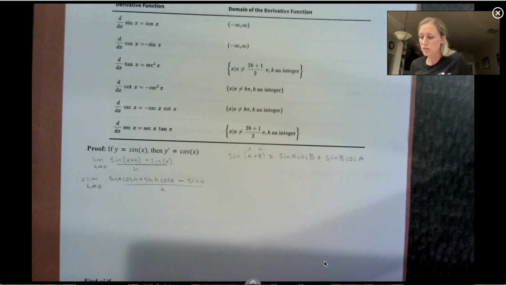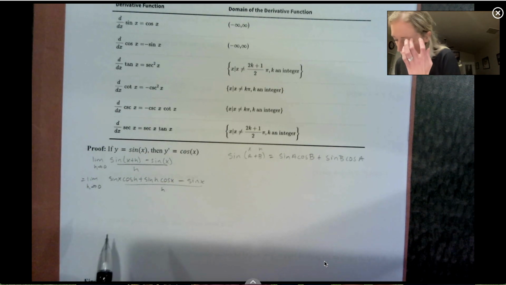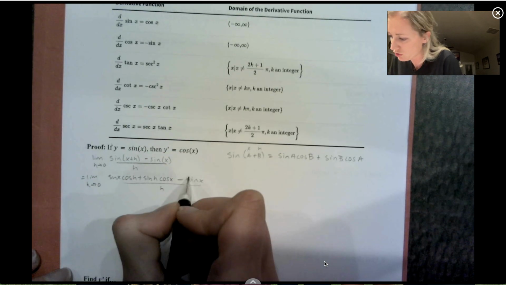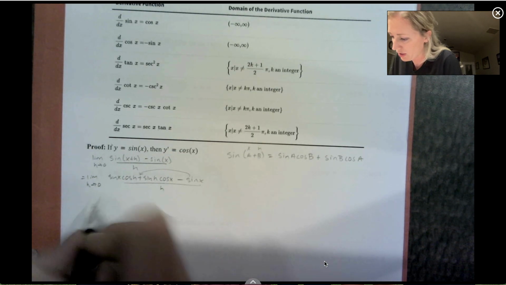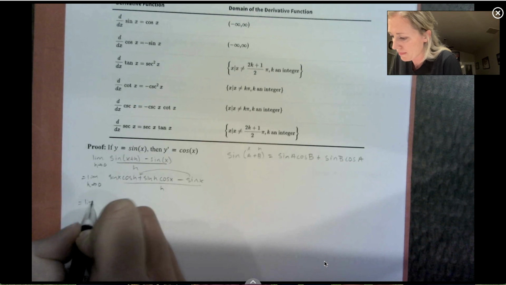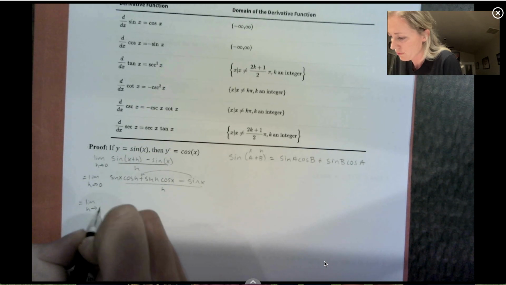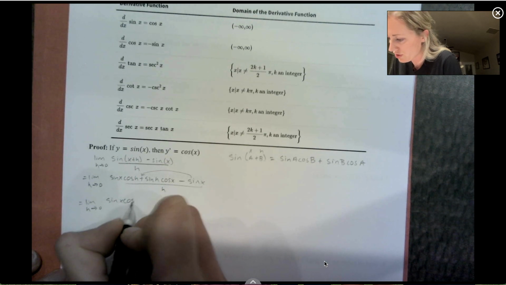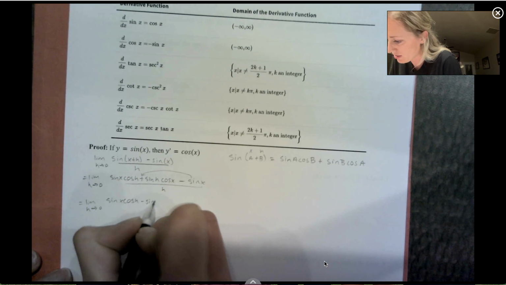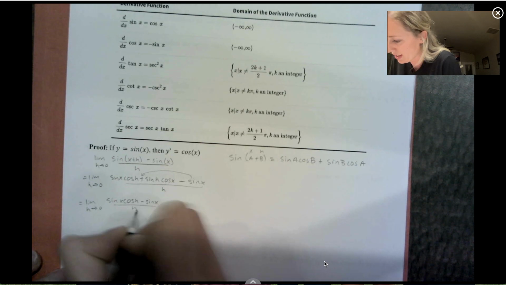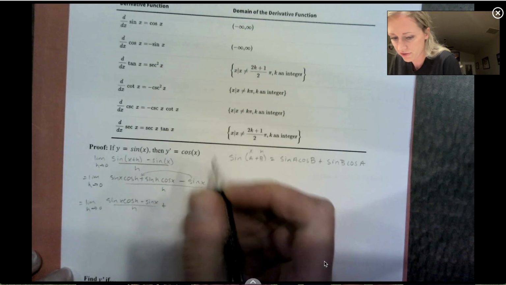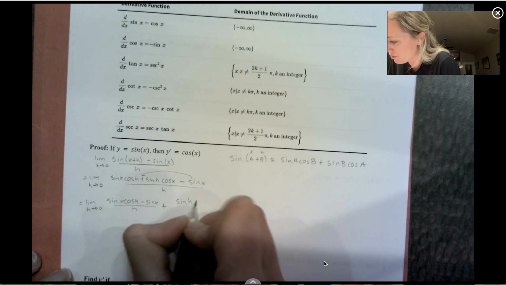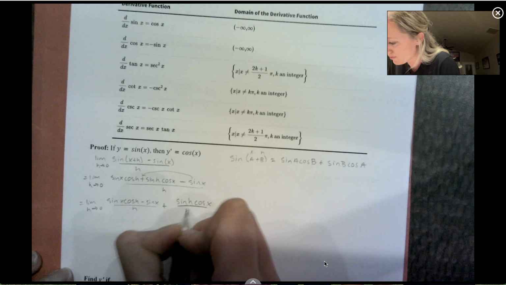Okay, so what I'm going to do here is strategically rearrange some things, you guys. I am going to break this into two fractions, but I'm going to just move this guy over here. So we're going to do the limit as h approaches 0 of sine x cosine h minus sine x over h, and then plus we have sine h cosine x over h.